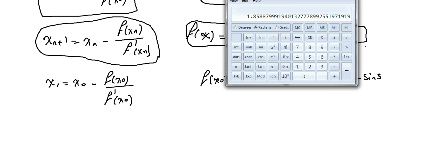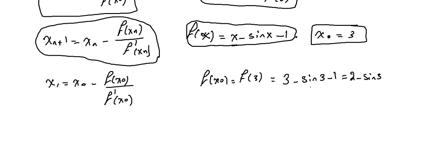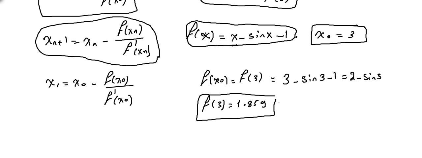So f of 3 is approximately 1.859 up to 3 digits.